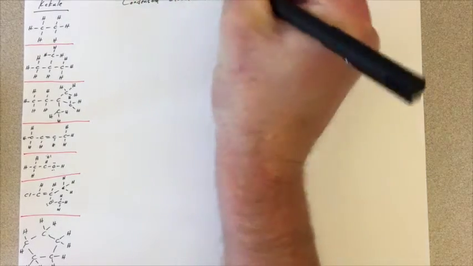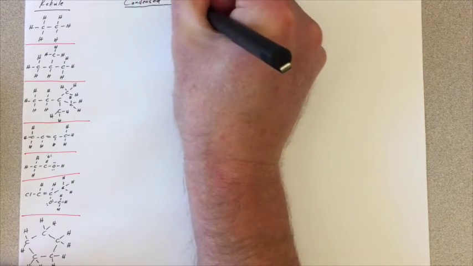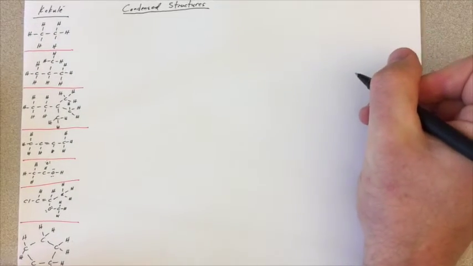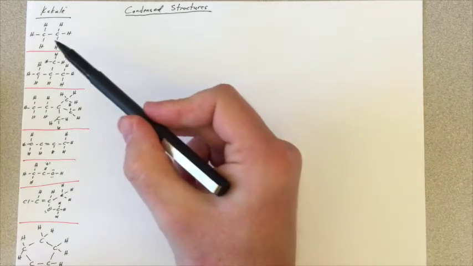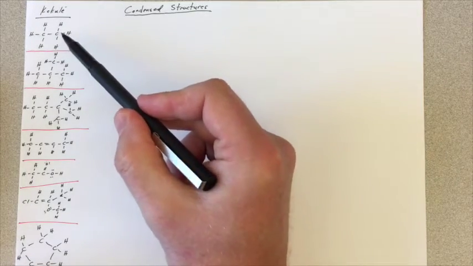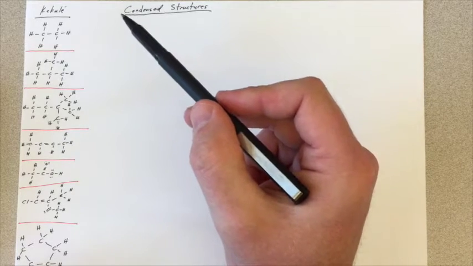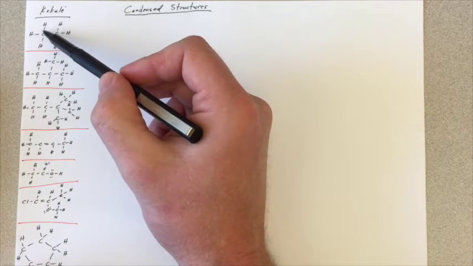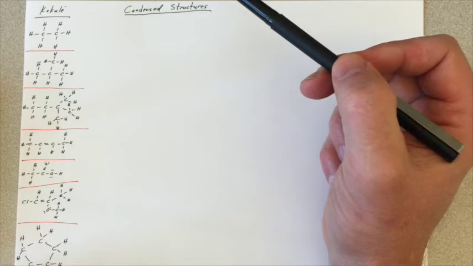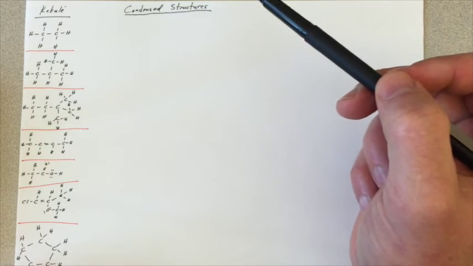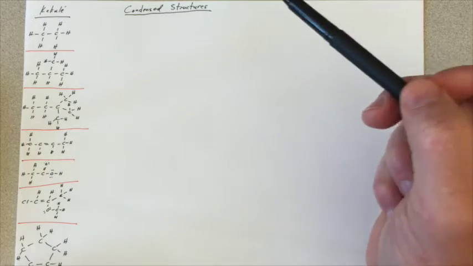And instead of showing every single bond like what we do in the Kekulé structure, in the condensed structures we simplify it a little bit. So let's take this molecule here. This is ethane. It's a really simple molecule. Now, instead of drawing every single carbon-hydrogen bond, we try to condense them down into units.